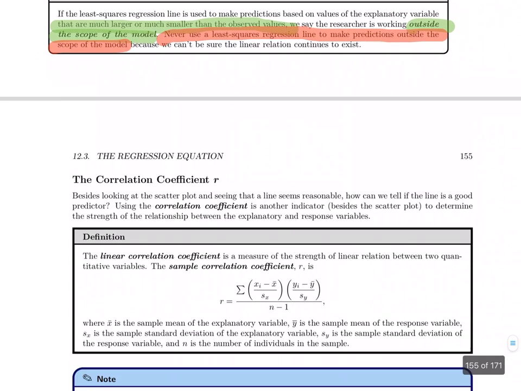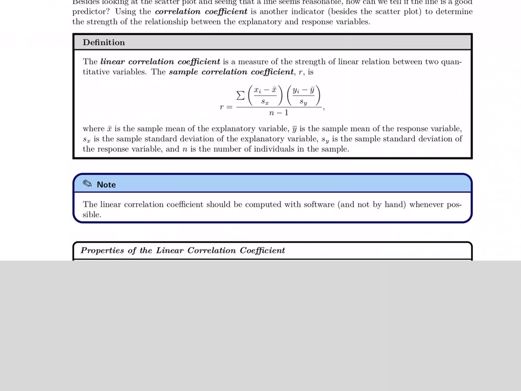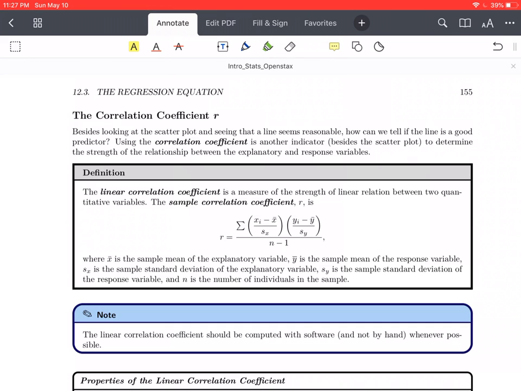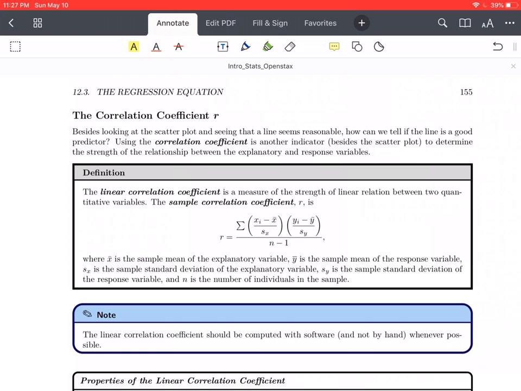Then we get the correlation coefficient. So the correlation coefficient tells us how strong the linear relation is between two quantitative variables. So in other words, how good is our line? Okay, so how appropriate is our line?